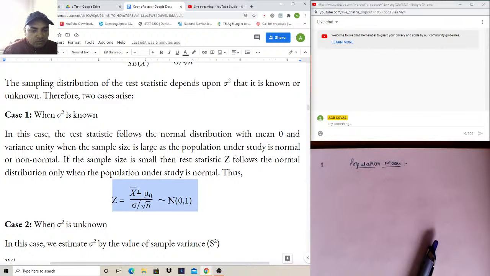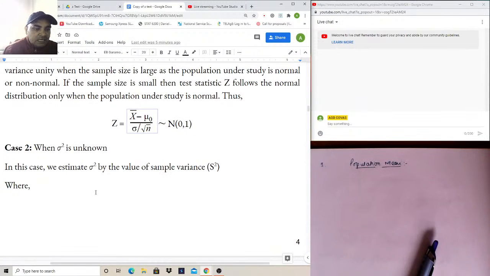When it is known, we can calculate this. Now there may be chances that your population variance is not known. In that case we will be required to estimate sigma square by the sample variance.